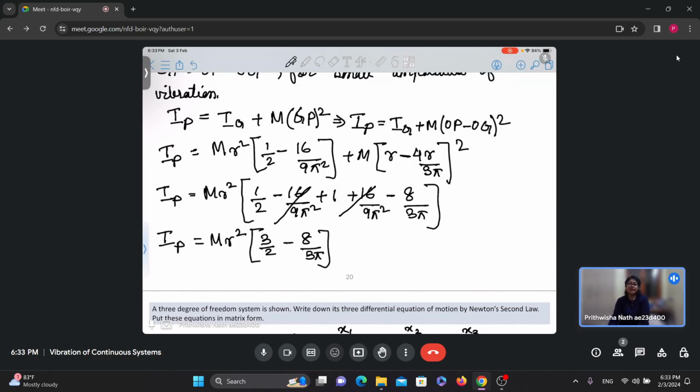Now finally what I need to do is substitute this value of Ip in the expression for omega.